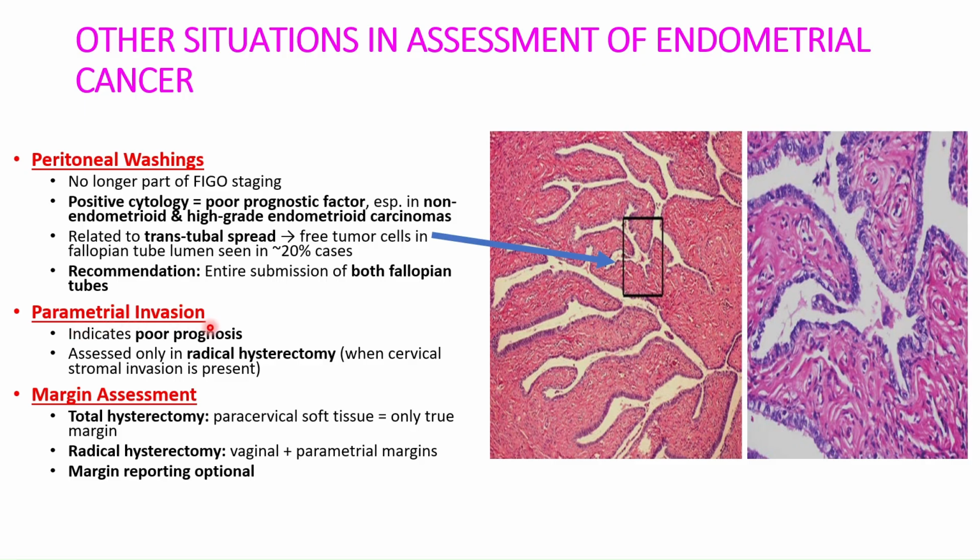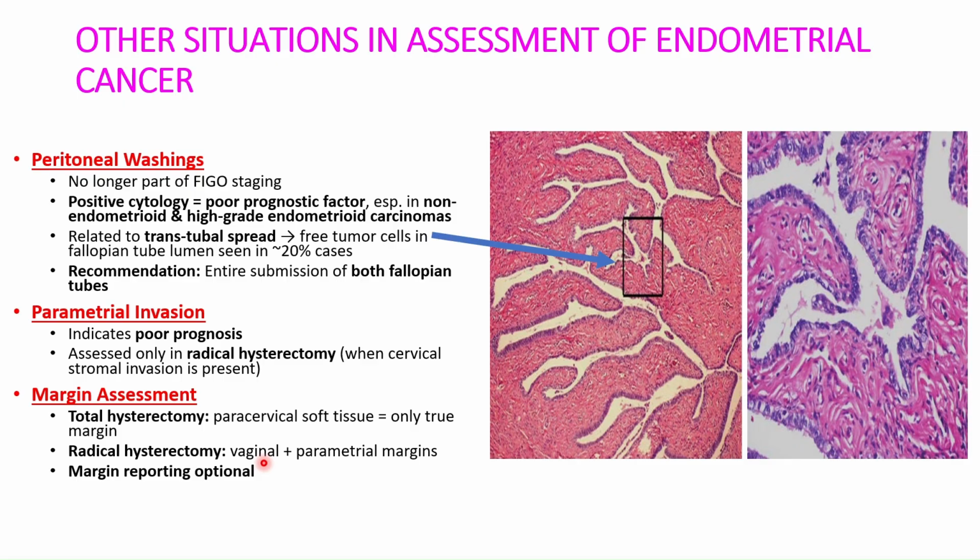Next is parametrial invasion. It indicates poor prognosis and is assessed only in radical hysterectomy when cervical stromal invasion is present. And margin assessment. So a total hysterectomy specimen contains paracervical soft tissue, which is the only true margin, and a radical hysterectomy contains vaginal and parametrial margins. Margin reporting is optional, but it indicates poor prognostic factors.